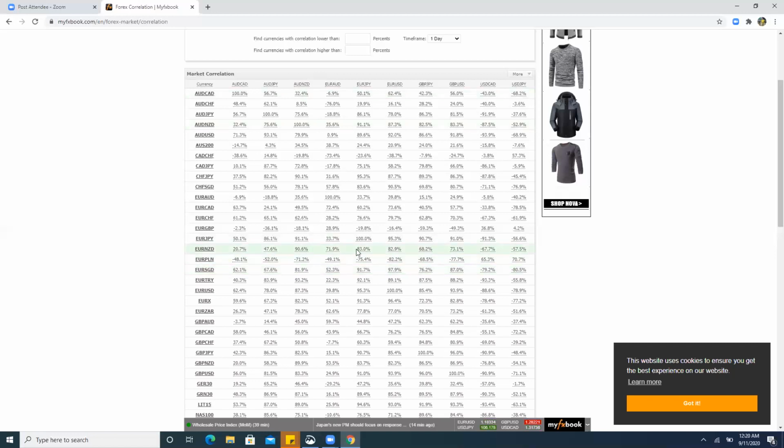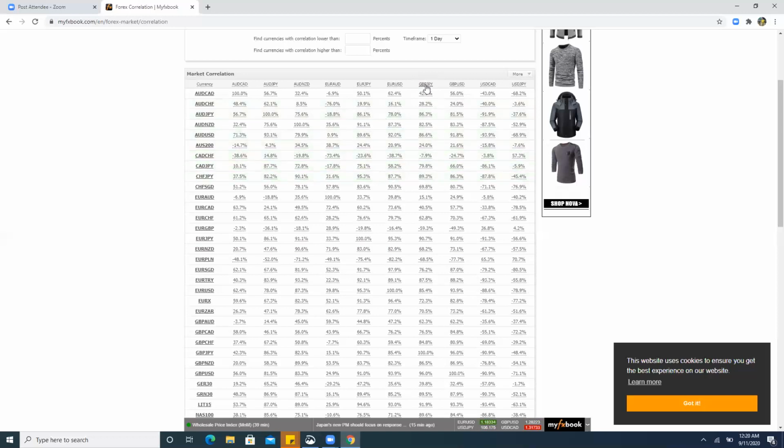The other way you can take advantage of a correlation is, say you're looking at selling a particular currency pair. So let's look at right here, the Canadian yen pair. If I'm looking at selling the Canadian yen pair and I'm just trying to see if my sell looks correct, or if I'm looking at the right things that I'm selling, I'm going to go to another pair that correlates with Canadian Japanese yen.